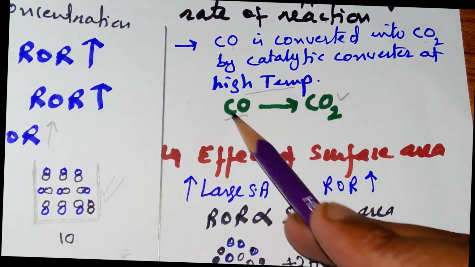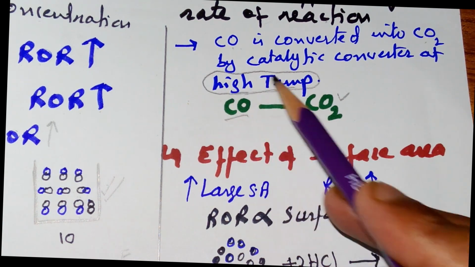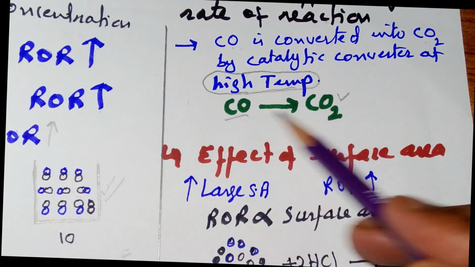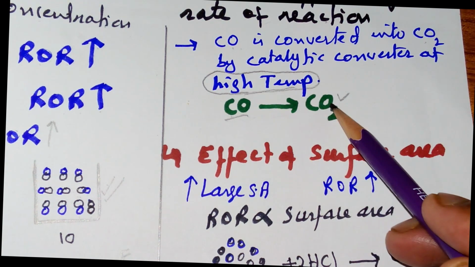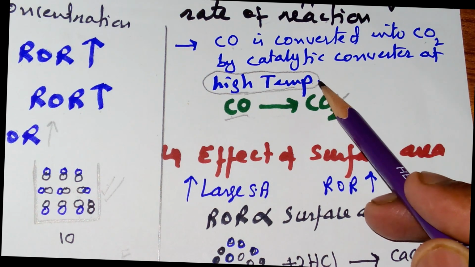This reaction takes place at a very high temperature; at a low temperature, this conversion is impossible. So the conversion of CO into CO2 is made possible at high temperature. You can quote that the effect of temperature is noticed in the catalytic converter.